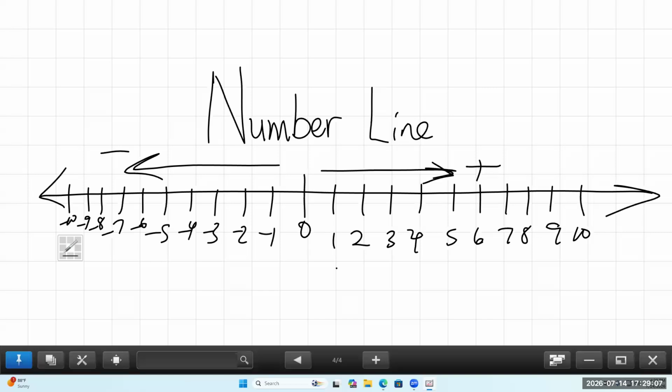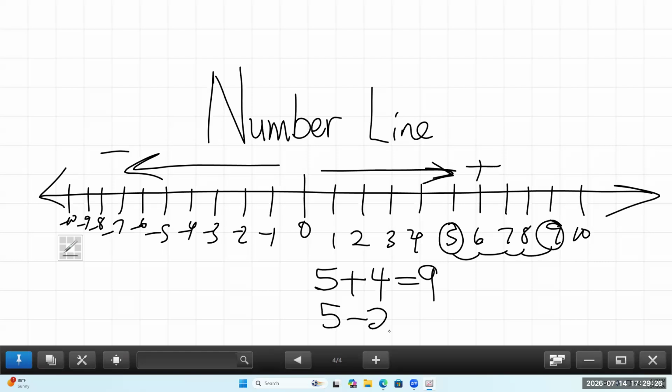When somebody asks you what is 5 plus 4, if you're using the number line, you're going from 5, 1, 2, 3, and 4. You get your answer. And if somebody asks you, what is 5 minus 2, you start from there and you work your way back this way. So the answer ends up becoming 3. That's how we use the number line there.